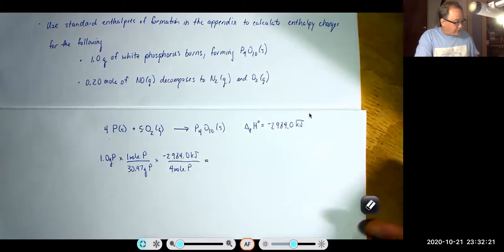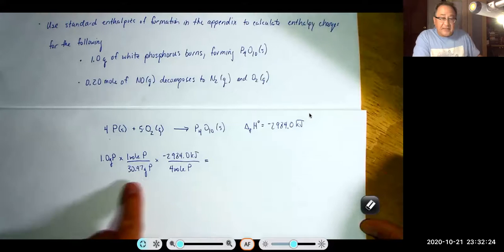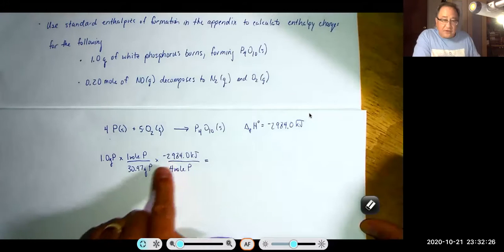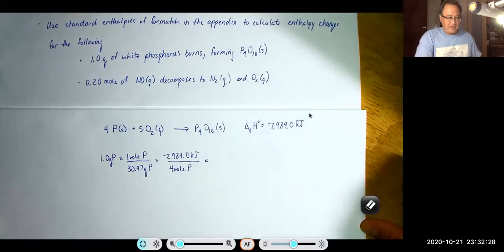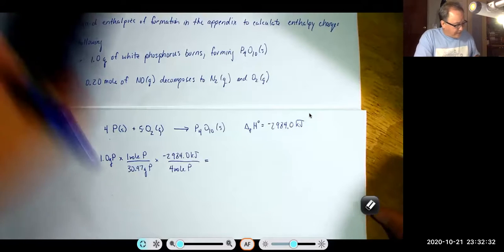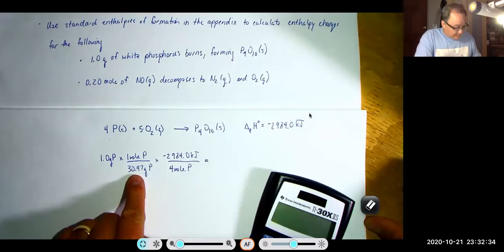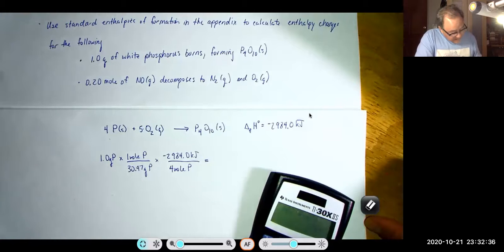Okay, so when we multiply this out, you can see basically I have 3,000 divided by 30, which comes out to be around, I want to say 100. So let's see what we get. We're going to get 4 sig figs because of this number. And we get 2984 divided by 30.97.